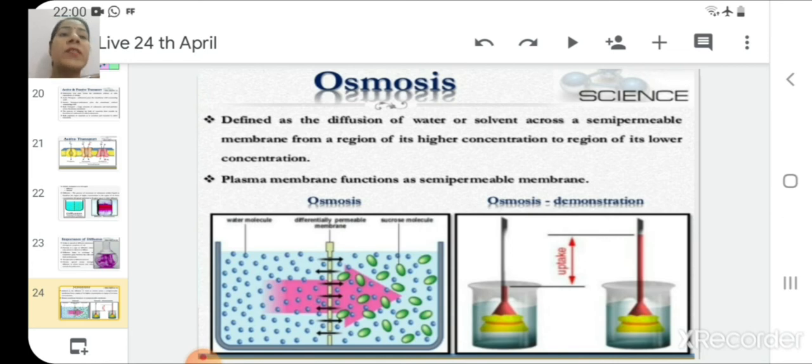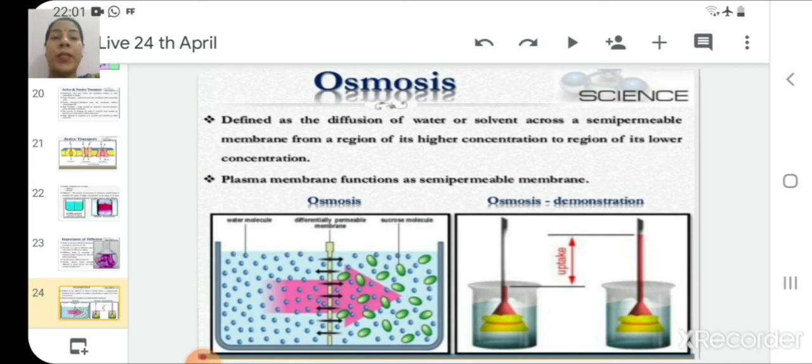So osmosis is defined as the diffusion of water or solvent across a semi-permeable membrane from a region of its higher concentration to the region of its lower concentration. Children, you need to focus on each and every word which I am telling you here. That is, osmosis is defined as diffusion of water or solvent across a semi-permeable membrane. Underline this somewhere.